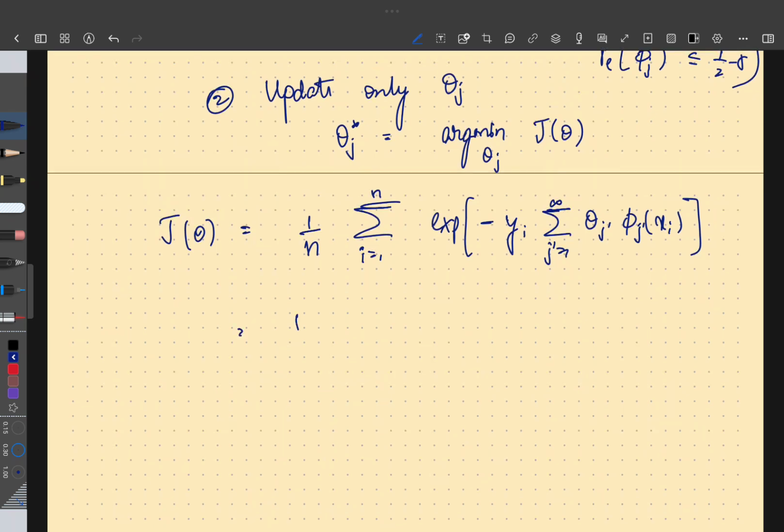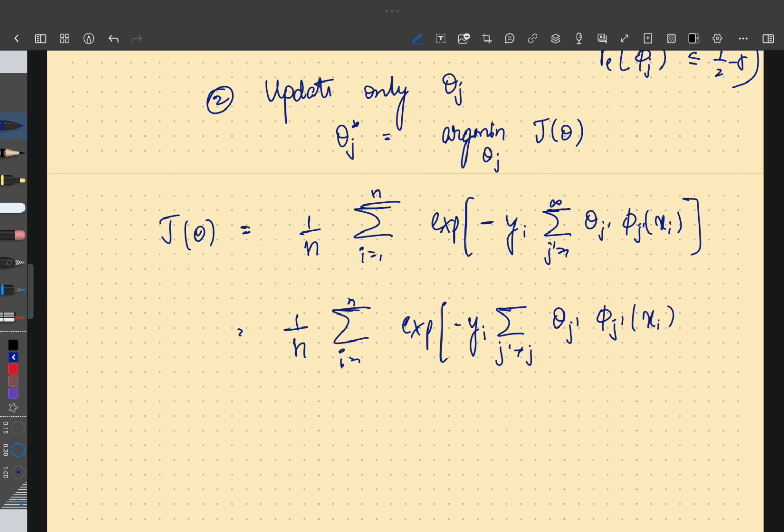This is equal to 1 over n, summation i equal to 1 to n, e to the power minus y_i times summation j prime not equal to j, theta_j prime phi_j prime of x_i, times e to the power minus y_i theta_j phi_j of x_i.